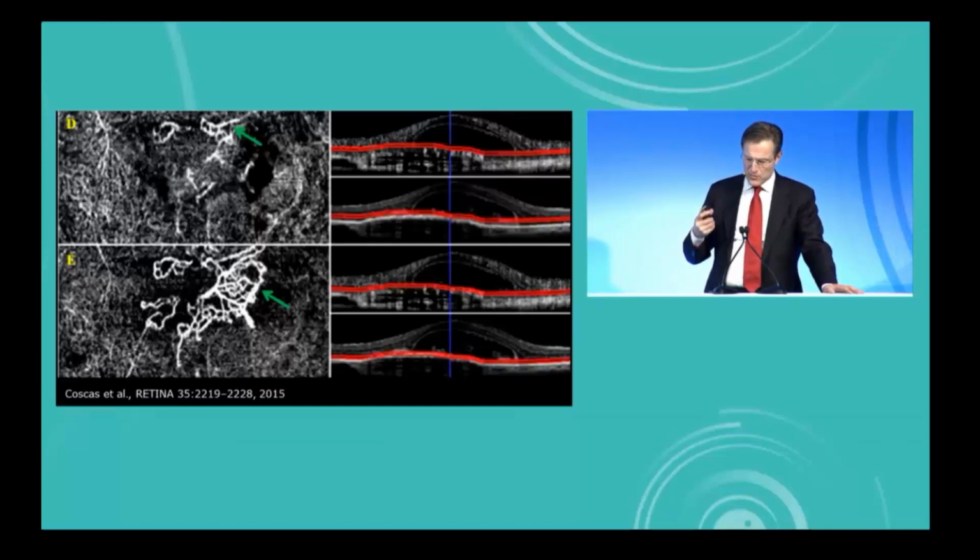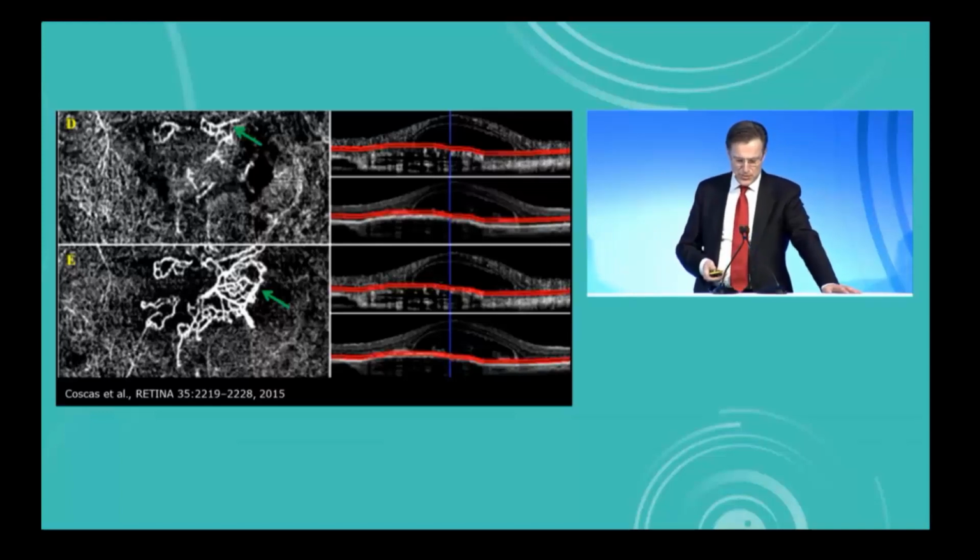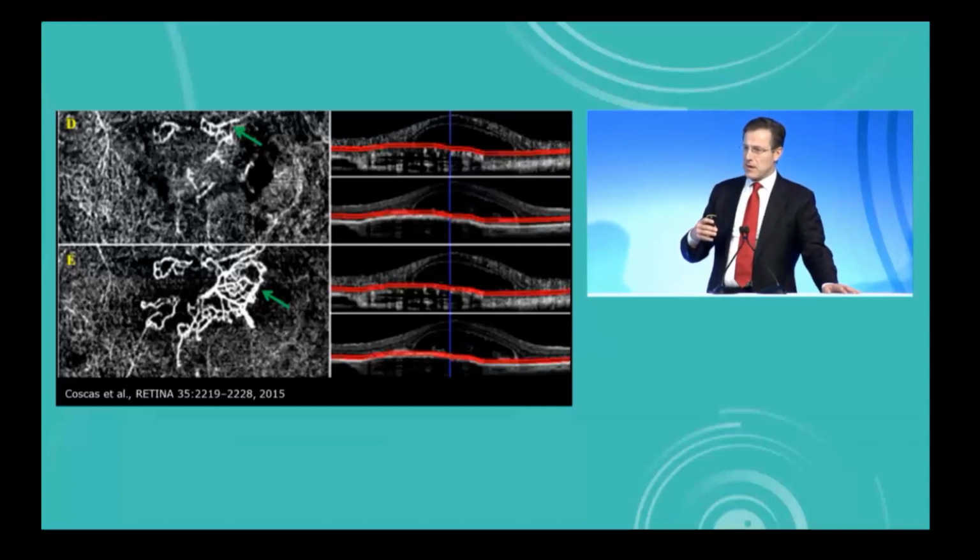There are 2 red lines that have been made so that they follow the contour of the pigment epithelium, and then on top they have been shifted upwards a little bit to produce an image of that specific layer a bit away from the retinal pigment epithelium.